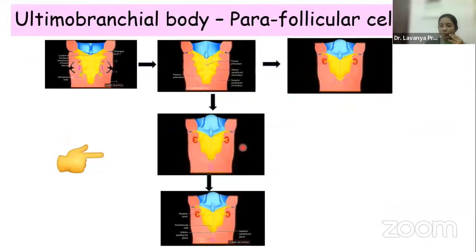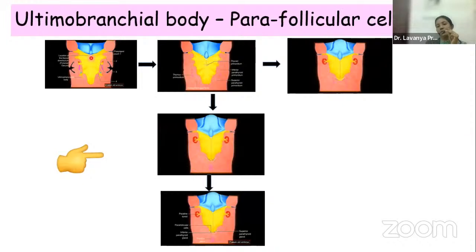So coming to the end of the session, we have the trilaminar germ disc, folding of the embryo. At the cranial part of the pharyngeal complex, we have the first and the second pharyngeal arch. Towards the medial end of the first pharyngeal arch, we have the two lingual swellings.